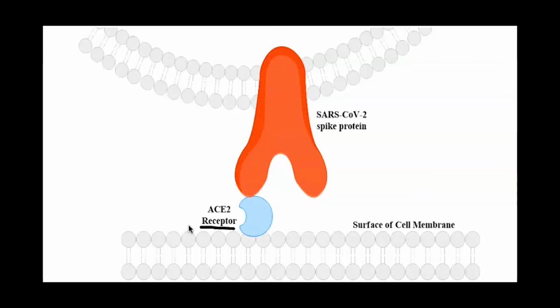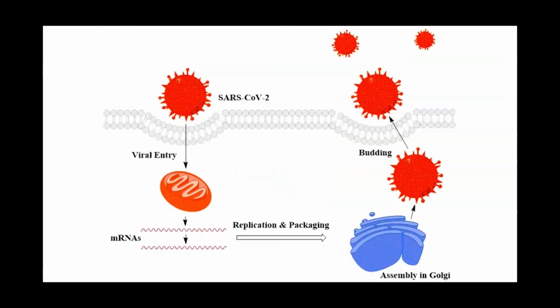Angiotensin converting enzyme 2 provides a direct entry point for SARS coronavirus 2's spike protein, which is depicted here in orange, to bind to it like a key being inserted into a lock. The protein is found on the surfaces of many cell types and in many tissues throughout the human body.